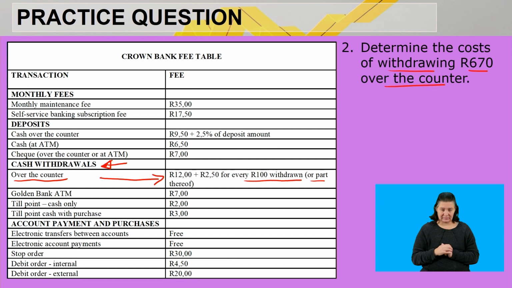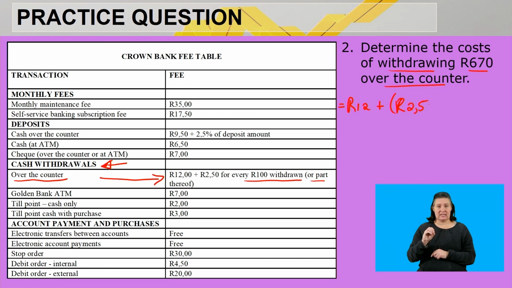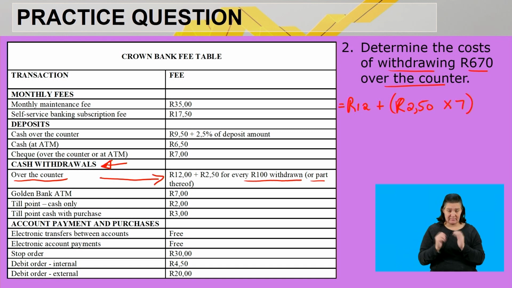Let's quickly answer this. It's 12 Rand plus 2 Rand 50 for every 100 Rand. So how many 100 Rands? That will be 700 Rands. Let's quickly type that in.